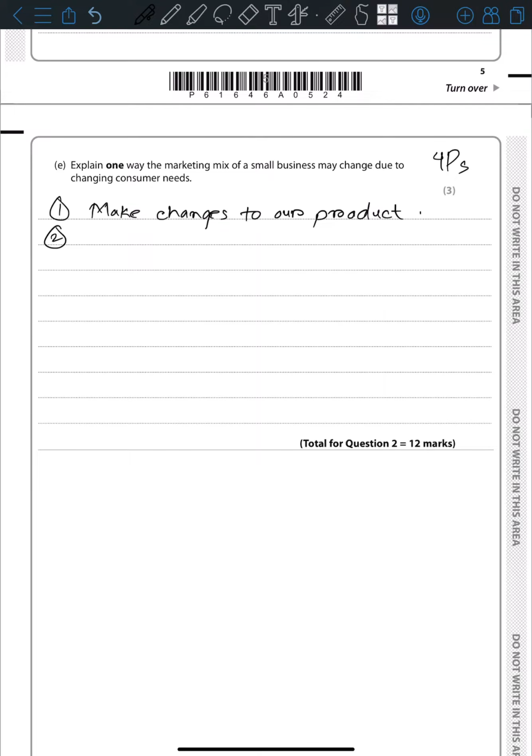So we may need to do more market research. Or we may need to make or delete or add new features to our product. This is of course a little time consuming and adds to our costs.